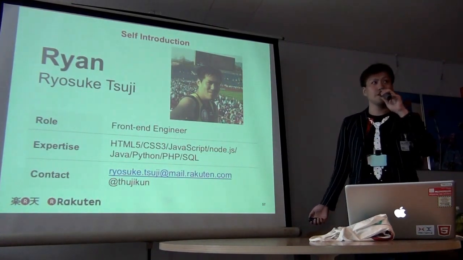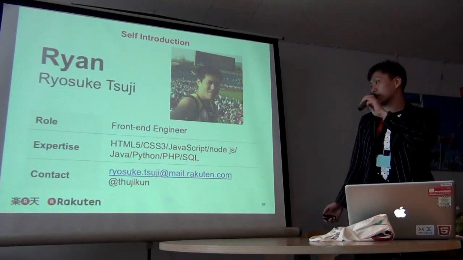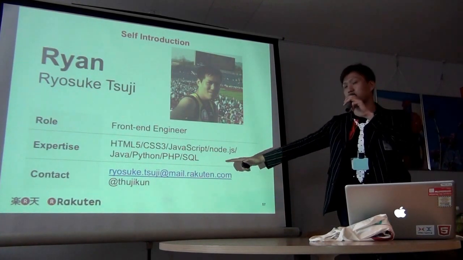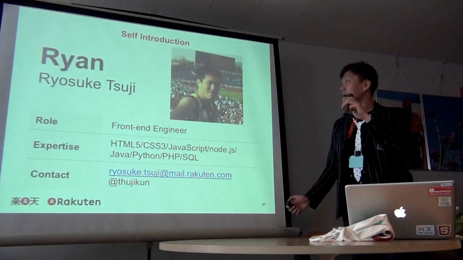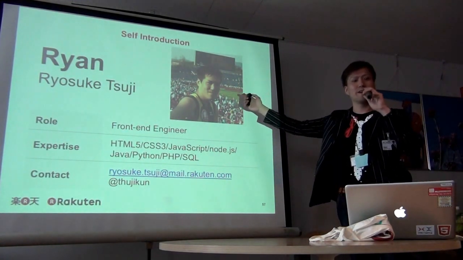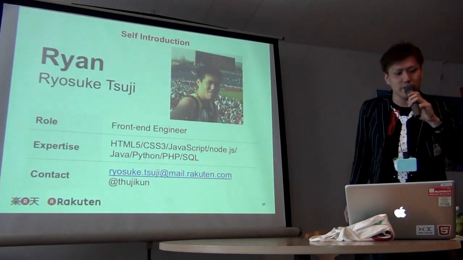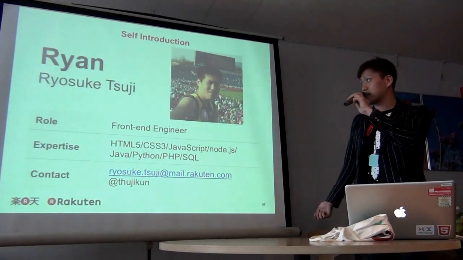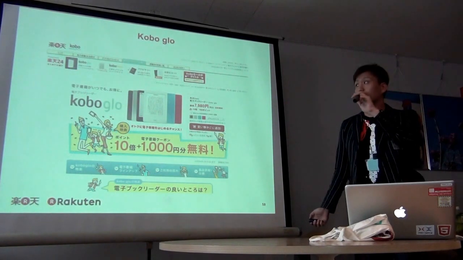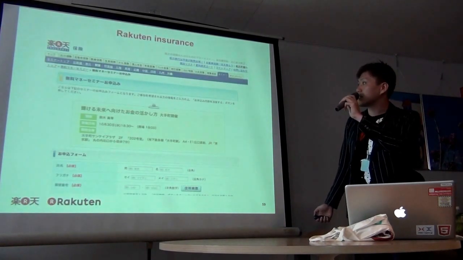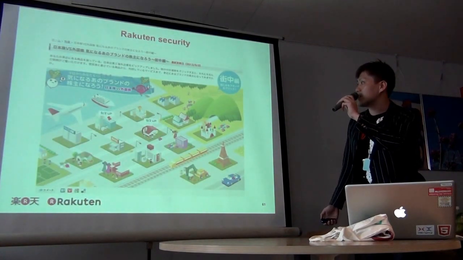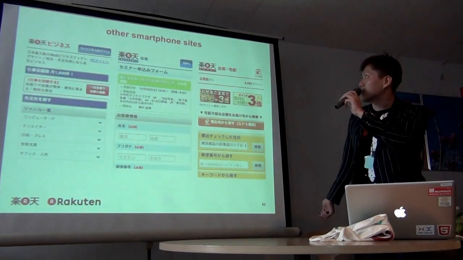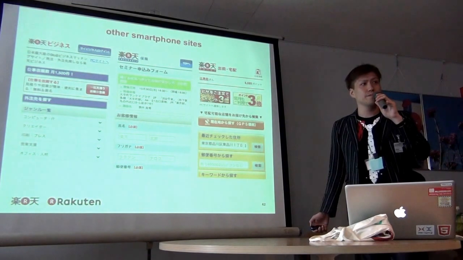I'm also a runner. This is the Kyoto Marathon this year. The websites I created are the following pages: Kobogro, Rakuten Insurance, Rakuten Card, Rakuten Security, other smartphone websites, and so on.